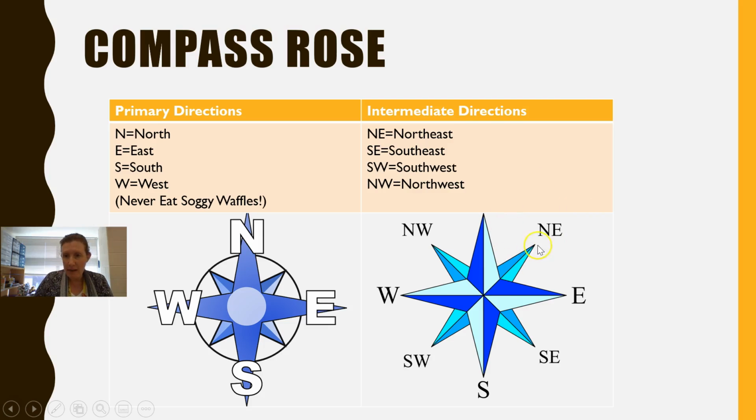See how that's a different direction, kind of in between north and east? Same with southeast. If you need to go somewhere between south and east, then you would go southeast. Or you could go southwest or northwest. So intermediate directions are really helpful as well.